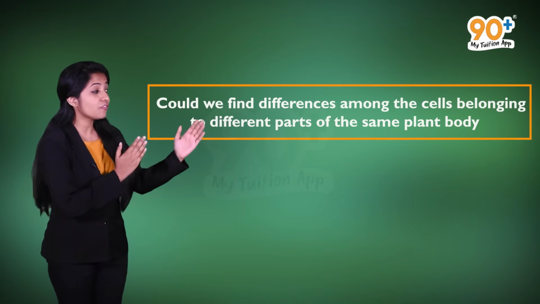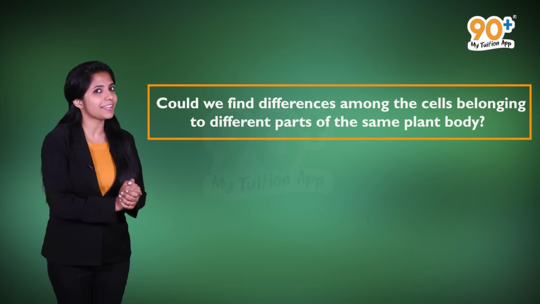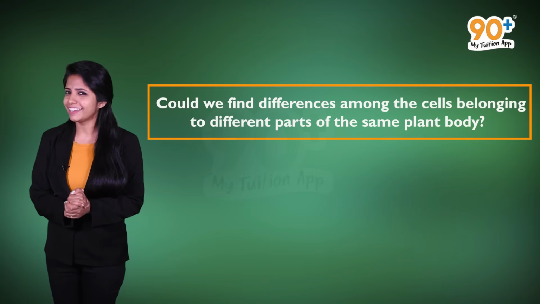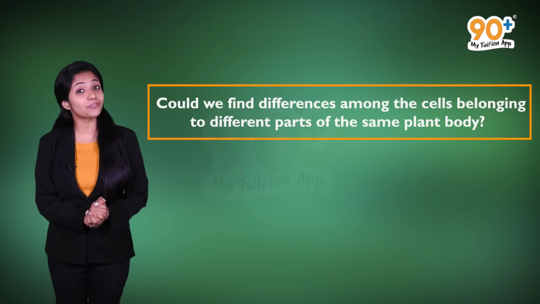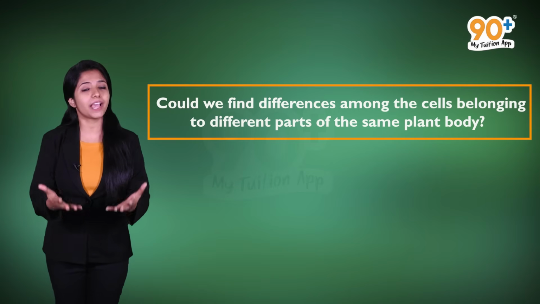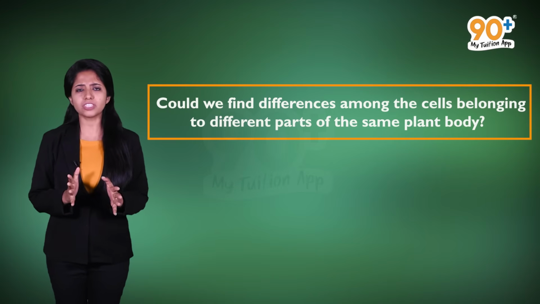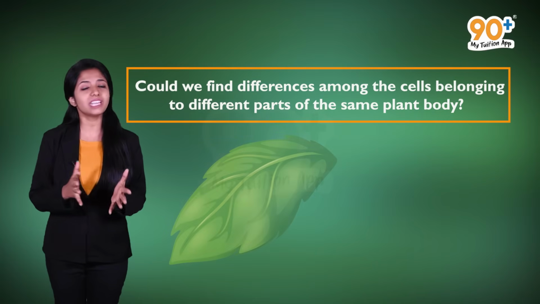Fine. Time for the third question. Could we find differences among the cells belonging to different parts of the same plant body? Well, yes, definitely we can find differences because, as you know, different parts of the plant body are associated with different functions, right? For example, just think about the leaf cells.